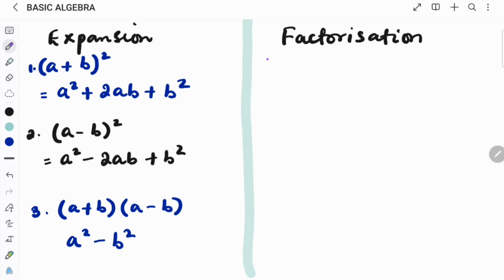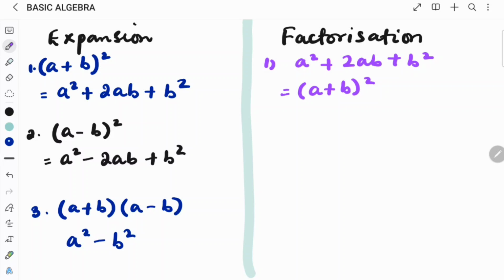The same thing, if the question is a square plus 2ab plus b square, this is the expanded form. In a factorization question, the expanded form will be given and you will get the brackets in your answer. Expansion and factorization are both reverse of each other. So in factorization you will get (a plus b) whole square.